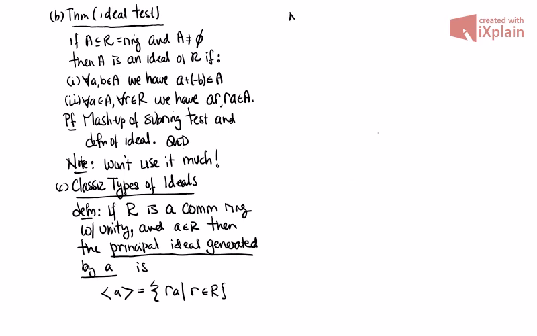So two notes. Note 1. This is the same notation as group theory, but different meaning. So it's the same notation as this which we had in groups, but different meaning. Remember, in groups it meant all the powers of g.